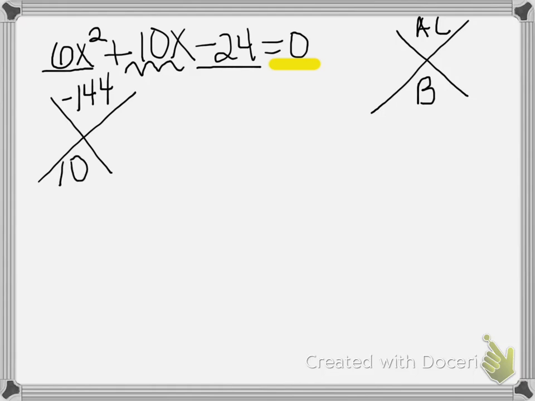so we can put 10 on the bottom. Now we need to find out what two numbers are going to multiply to negative 144 and add to 10. Multiply to the top of the x and add to the bottom, or add to the middle of your quadratic. We know that the factors have to be opposites, because in order to get a negative number when you multiply, you have to have opposite signs.